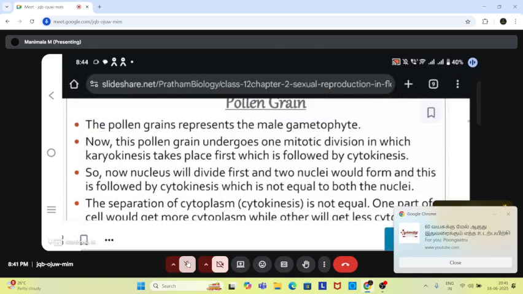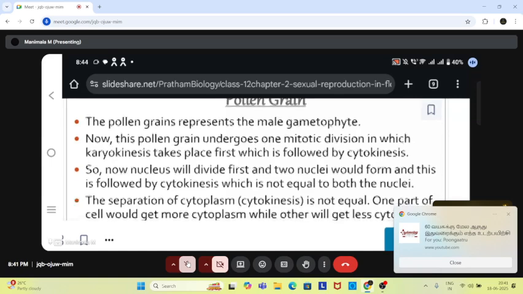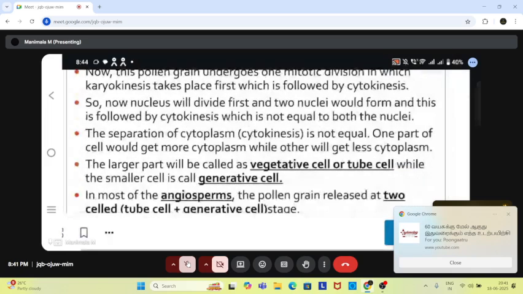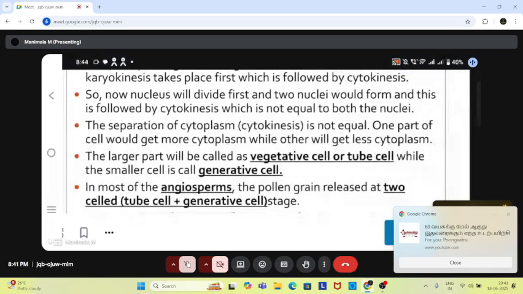Very good. Division of the cytoplasm is called cytokinesis. So first the nucleus is divided and 2 nuclei are formed, followed by the nuclear division, the cytoplasm also divides. Finally we get 2 daughter cells. This is the way the pollen grains divide.